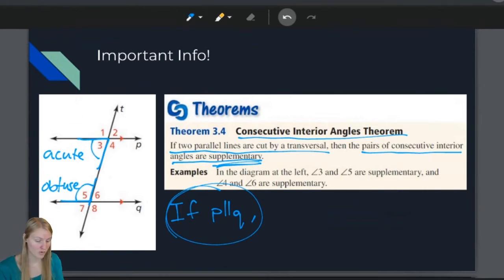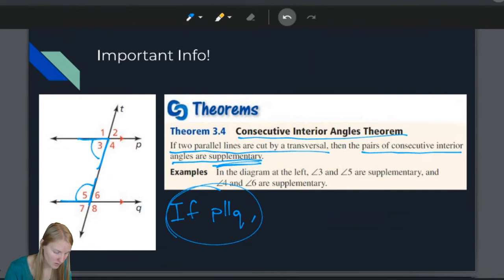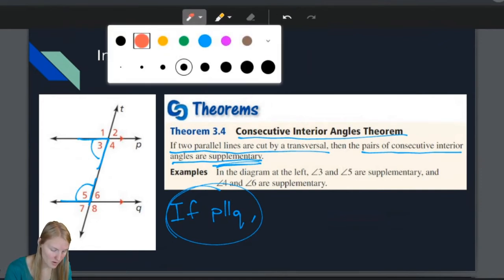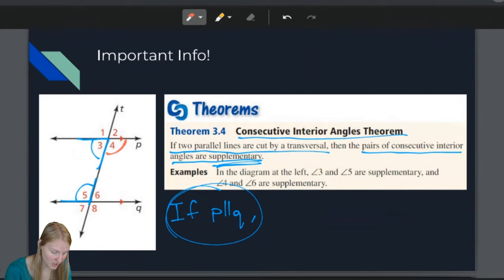But remember that my alternate interior angles are congruent. So 4 and 5 are the same. And you can see 3 and 4 make a linear pair. 3 and 4 are supplementary. But 4 and 5 are the same. So if 3 and 4 are supplementary, 3 and 5 should be supplementary.